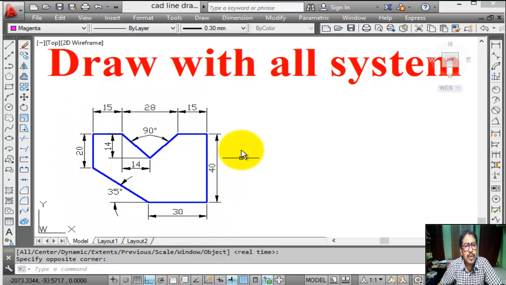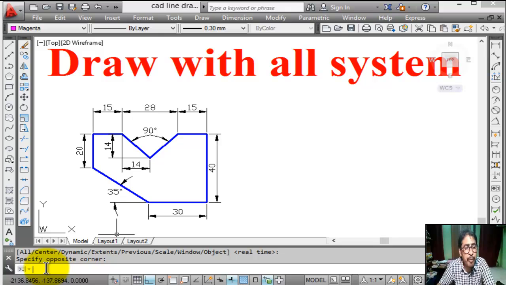Now we draw this drawing with the line command by using all systems. All systems means by using the Cartesian system, the polar system, and the direct distance method. Okay, we draw this drawing with the help of all systems.